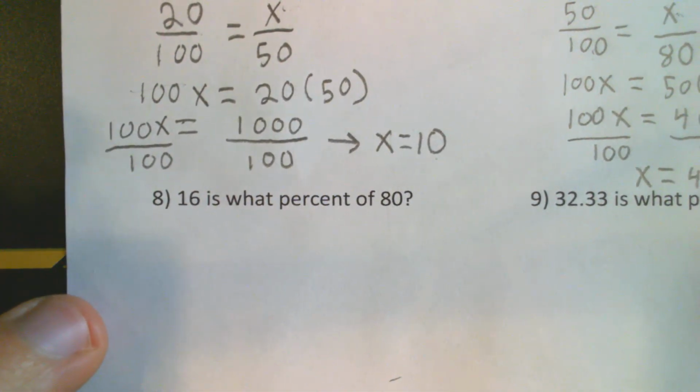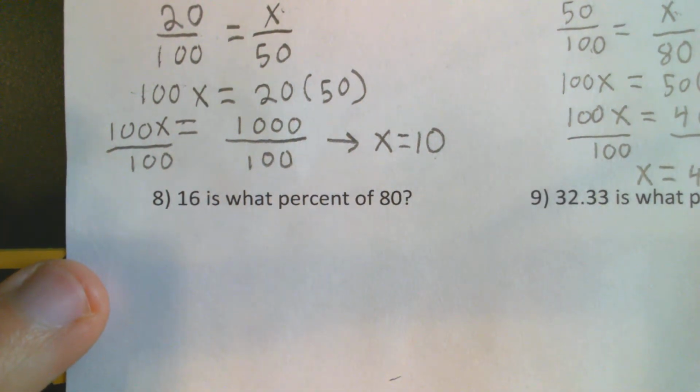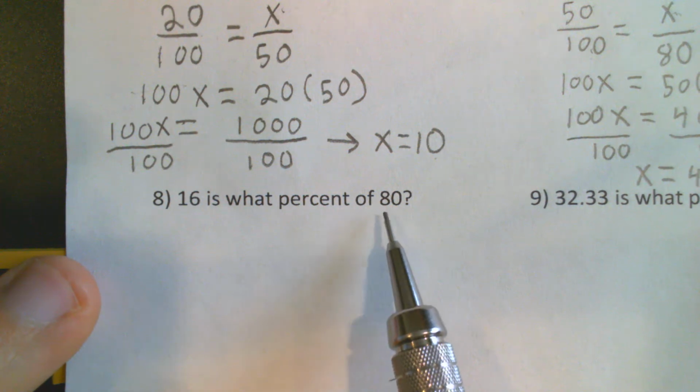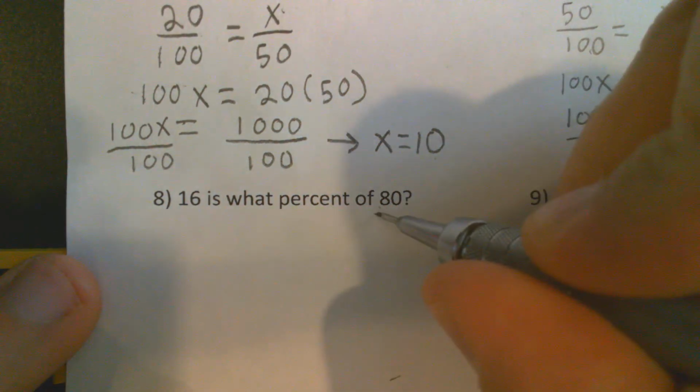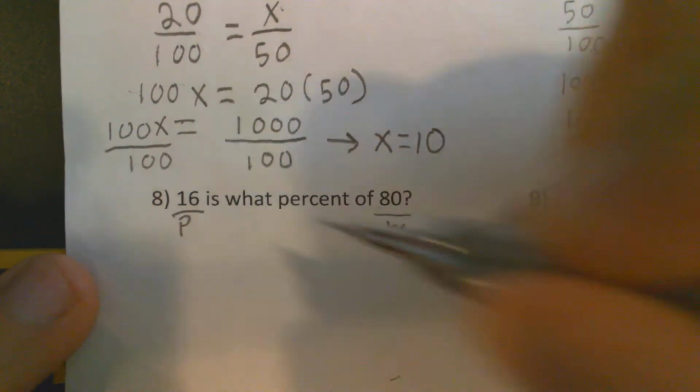16 is what percent of 80? So in this case, I am going to use part over whole. The whole amount is 80, and the part is going to be 16.